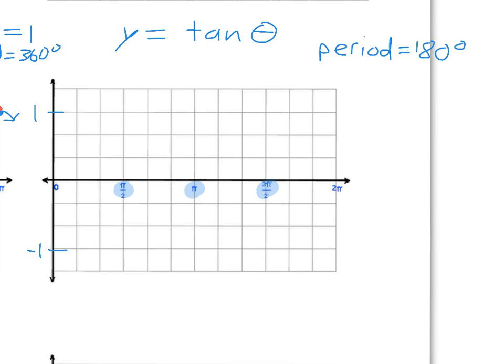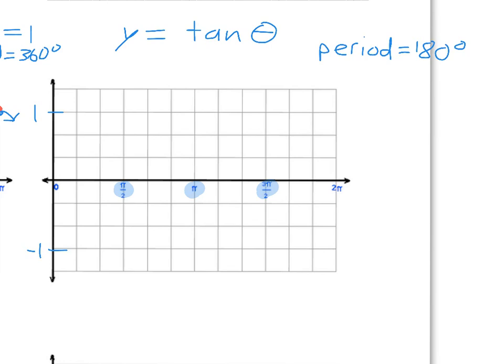Alright, so if you have a tangent graph, and if you graph 2 periods, and then cut it in 4, the first and the third will be asymptotes. Again, if you have two periods of tangent, which in this case is 2 pi, so one period is pi, so 2 periods is 2 pi.